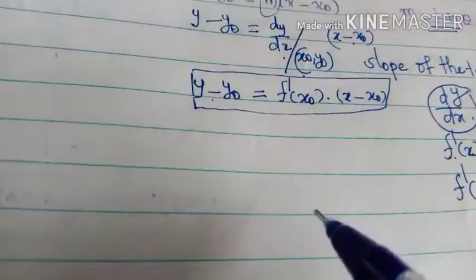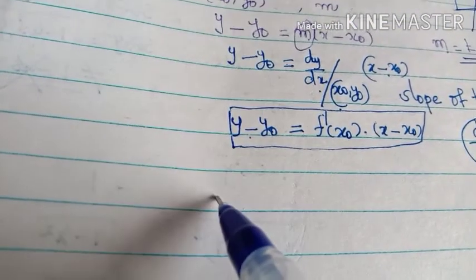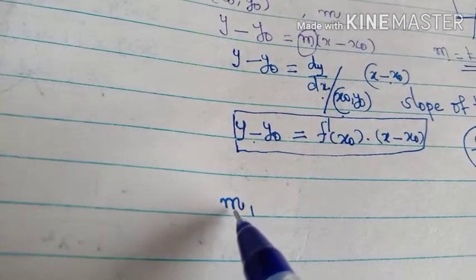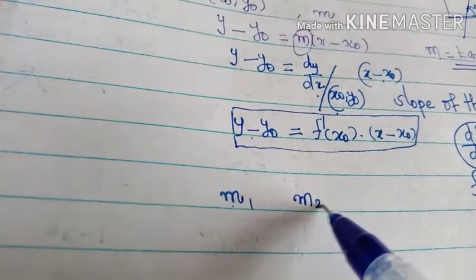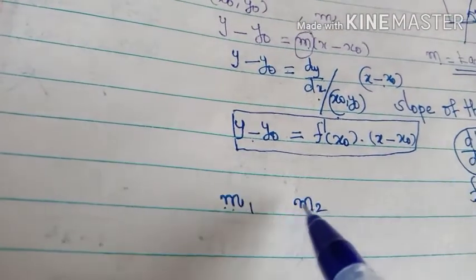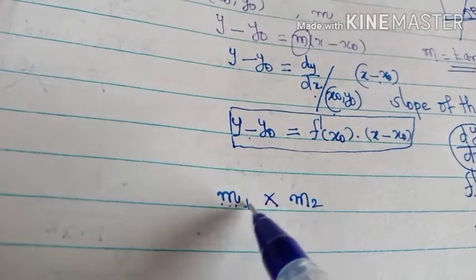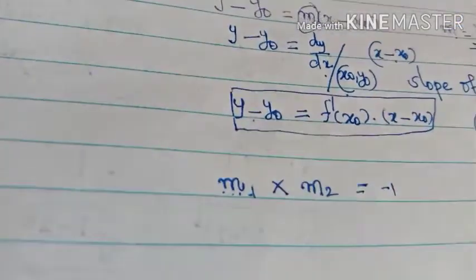So in the case of perpendicularity, we learned, suppose slope of one of the lines is m1 and slope of the second line is m2, and these two lines are perpendicular, and therefore the product of their slopes equals minus 1.